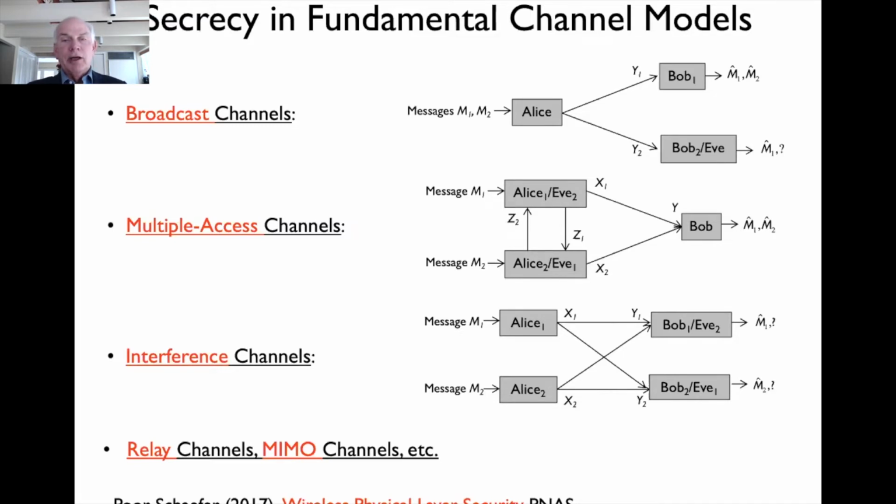For all these basic channel models of wireless, physical layer security has been considered in the context of Wiener. That is, what is the so-called secrecy capacity region for these fundamental primitives of networks? There are papers on all of these things. A lot of work has been done, and it's still going on. I'll just point out a paper, a few years old now, in the Proceedings of the National Academy of Sciences, which reviews a lot of the progress up until that point.